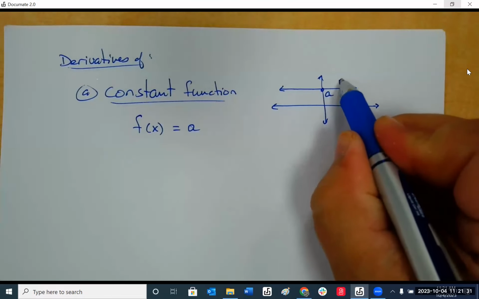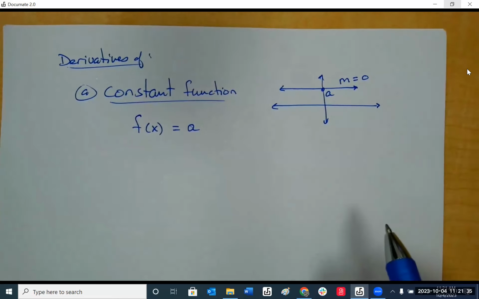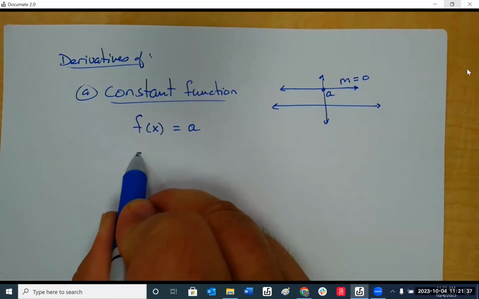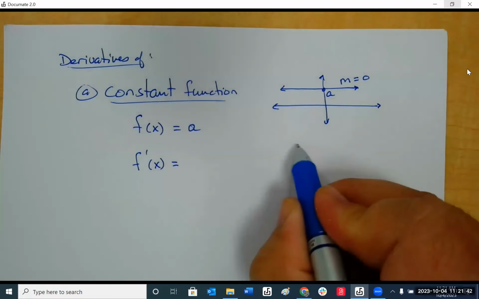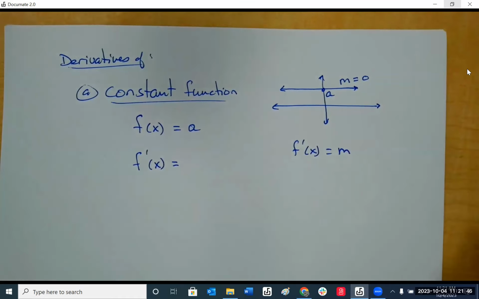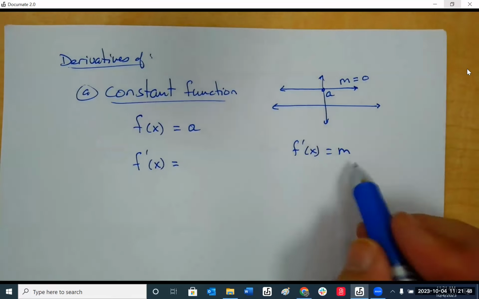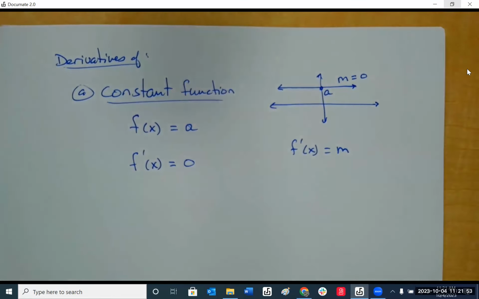The slope of this line is 0. Remember, the first derivative is finding the slope of the curve at a point. Since it's a line, the derivative of a constant is 0.